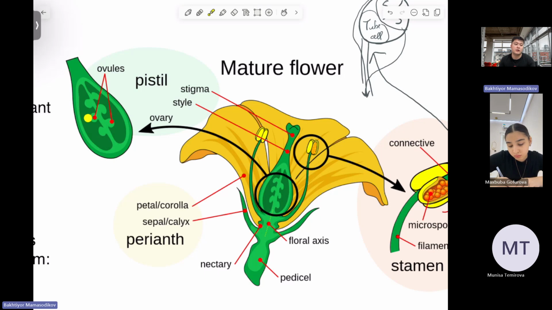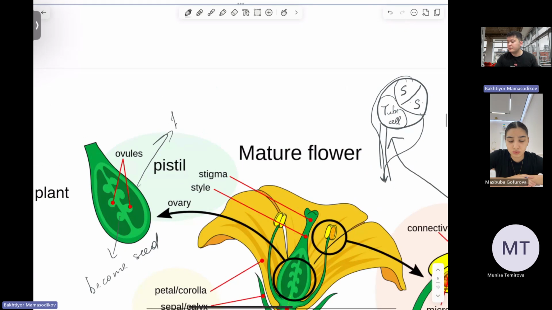So I will repeat: after the fertilization, the ovary becomes the fruit, and the ovules become seeds.